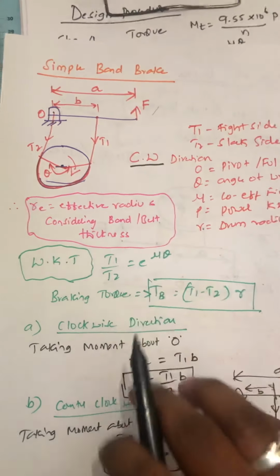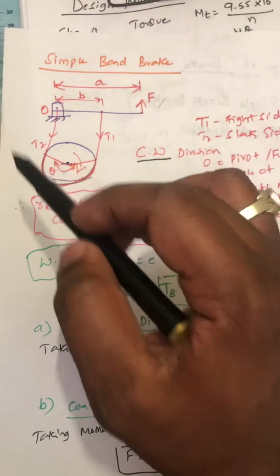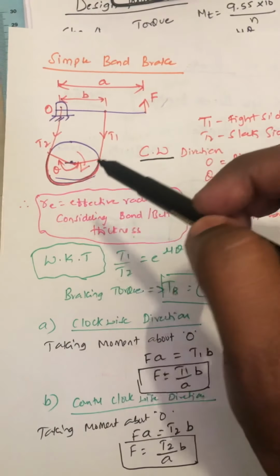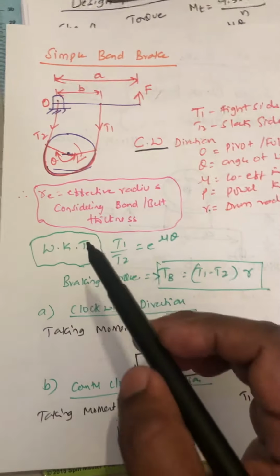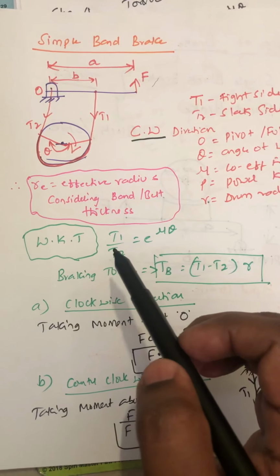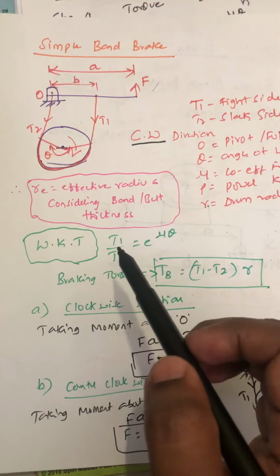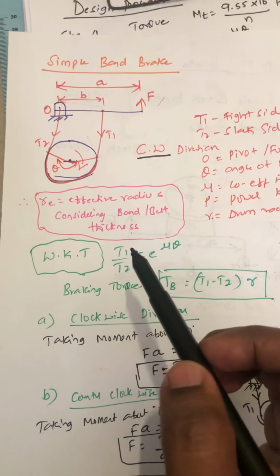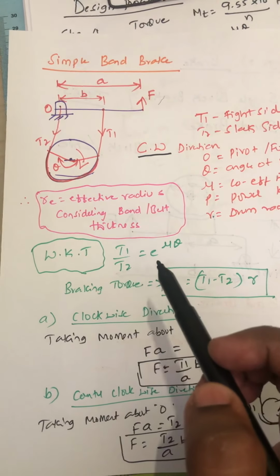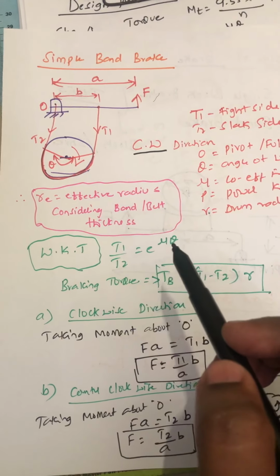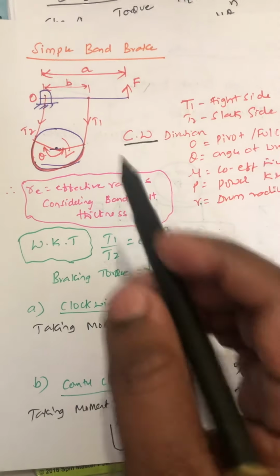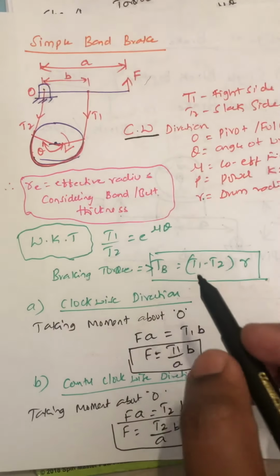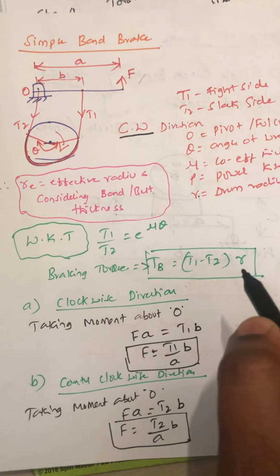When we see this diagram, we can recall the belt drives. The same formula we learned in belt drives last semester, the ratio of tensions, T1 by T2 is equal to e to the power of mu theta. The braking torque is equal to T1 minus T2 into radius.